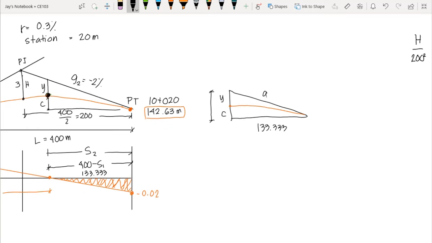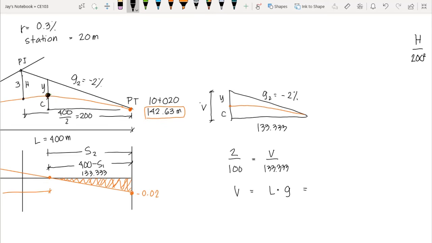Now we know that G2 is negative 2%, or that is equivalent to 2 over 100. So 2 over 100, that is equivalent to, let's say this is our V. Okay, so we have 2 over 100 is equal to V over 133.333. Okay, or just basically V is equal to the length times the grade.